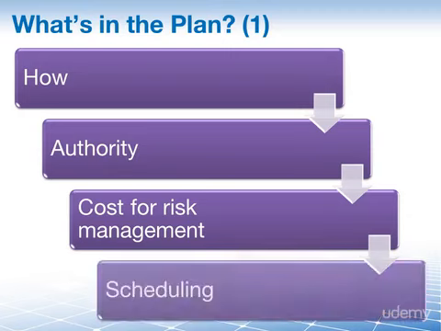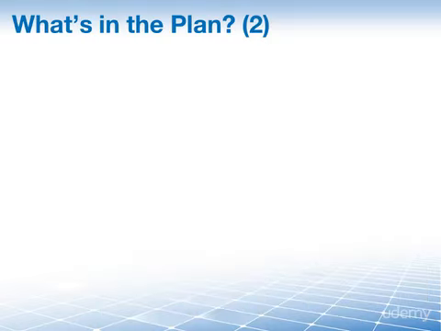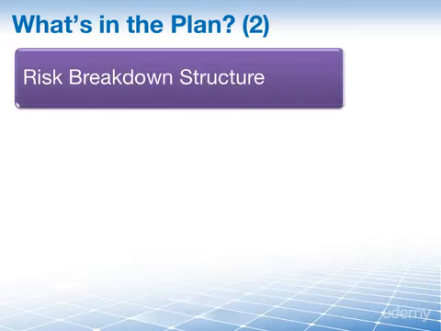Since we have resources assigned to these tasks, we also have to talk about timing and scheduling in the risk management plan. We will describe when and how often our processes are executed. For instance, we will define that there will be an official risk review meeting once a month, but risk monitoring will be executed weekly.